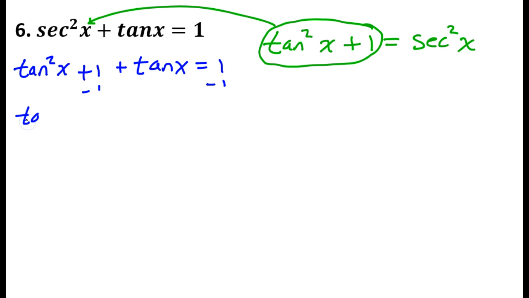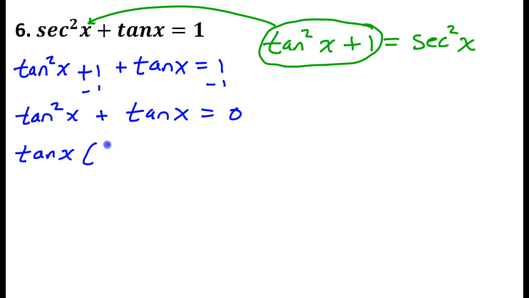But right away that's going to give me tangent squared x plus, because both of these cancel out, plus tangent x equals 0. So both of these terms have tangent x, so that's a common factor. So I can factor that out. So if I factor out tangent x, that's going to leave tangent x plus 1.